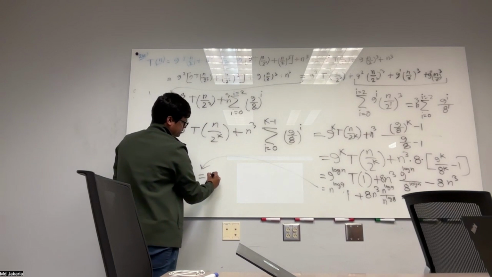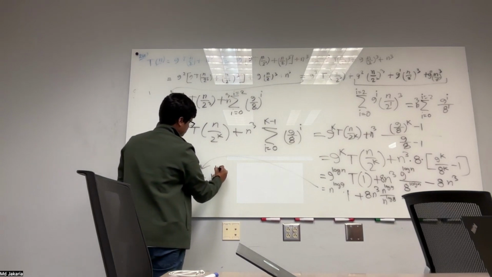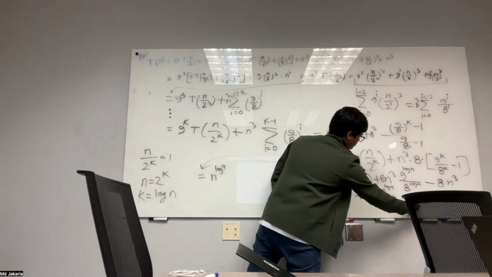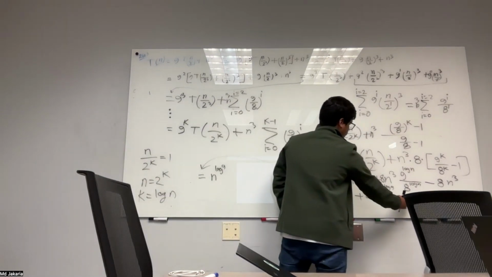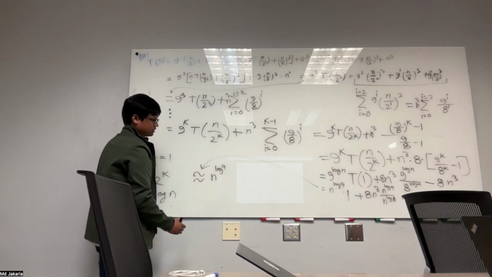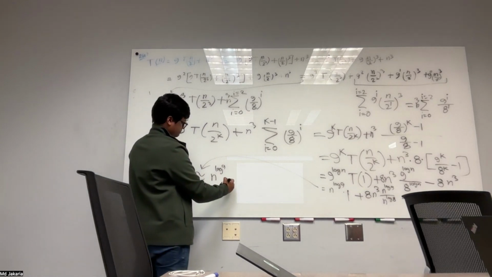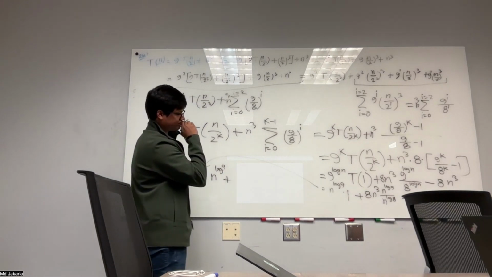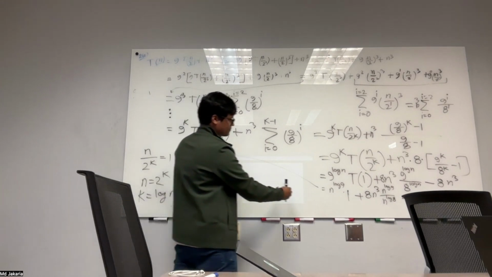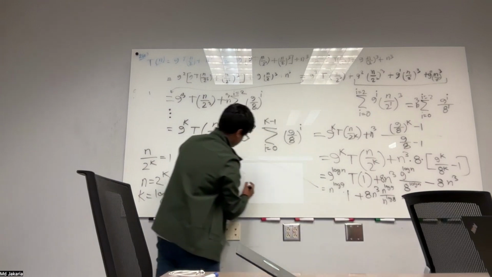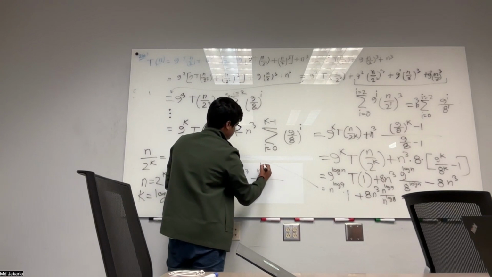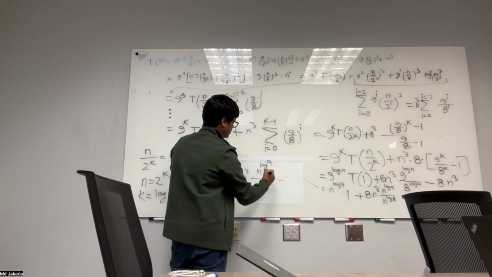So we'll get n log 9, or we can reduce this, like we want to remove this one, so we can use this one plus this 8 n cube and log 9.